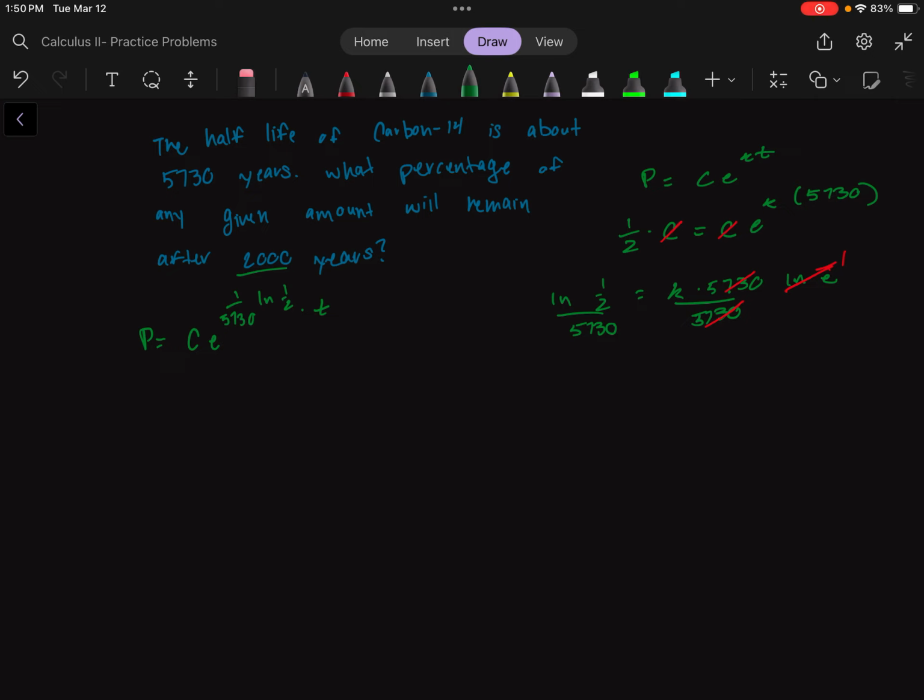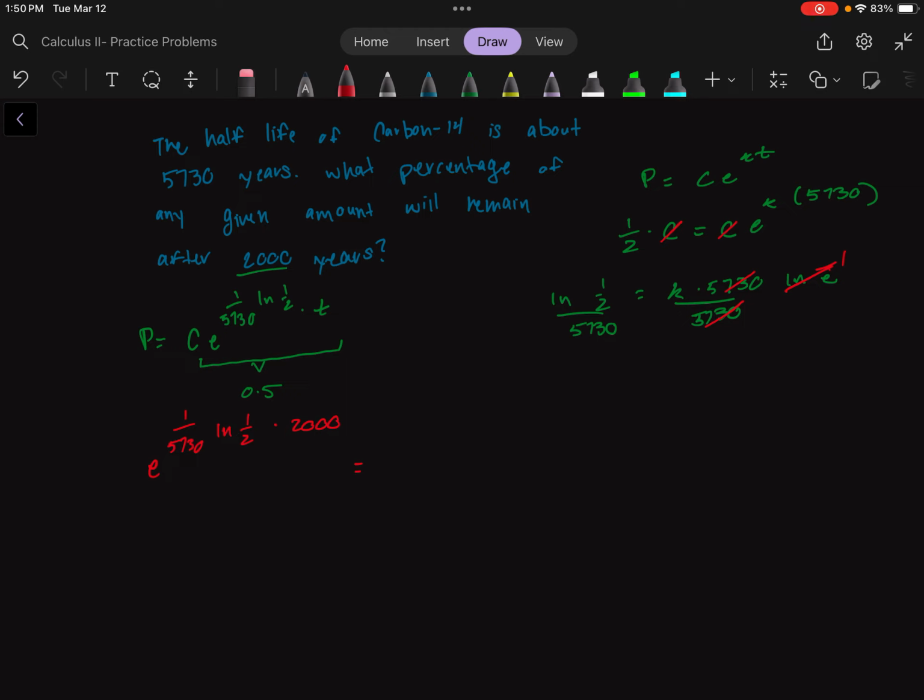The percentage part is going to come from here. We're not really concerned about C, because if, for example, this all became 0.5, then P would just be 0.5 of C. So when we're talking about percentage, we're just caring about this e to the 1 over 5730 ln of 1/2, and we're multiplying that now times 2,000 years.